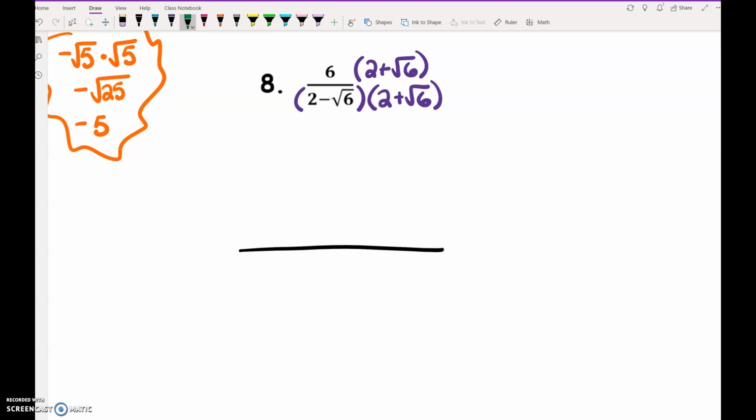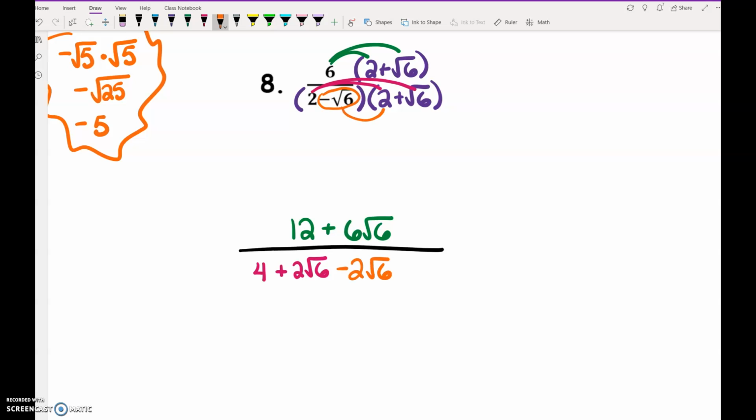Okay. On the top, we will have 12 plus 6 times the square root of 6. On the bottom, we will have 4 plus 2 square root of 6. And when we distribute the negative square root of 6, we will have negative 2 square root of 6, negative square root of 6 times positive square root of 6 is negative 6.